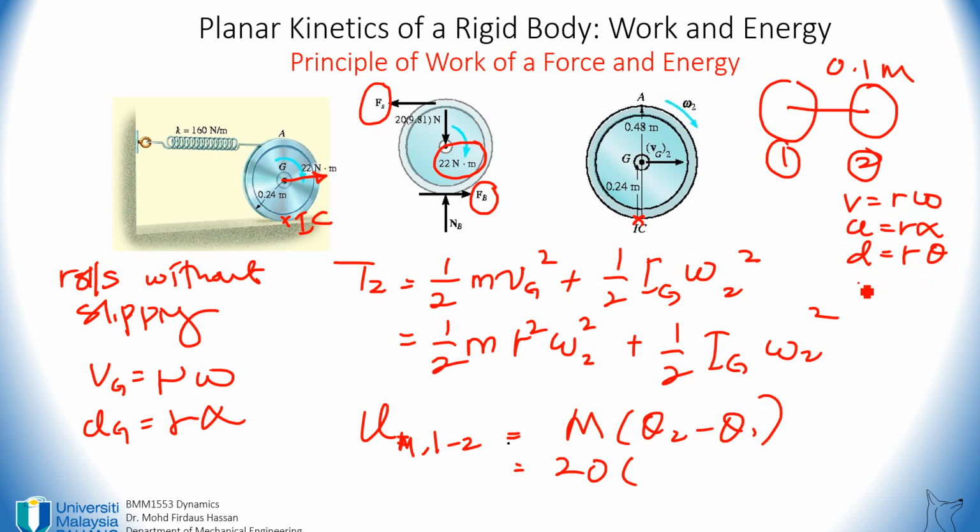So d is 0.1 meters, R is 0.24, and we have theta. Theta is 0.5 radian. We have the work done by the couple moment, which is 10 joules.